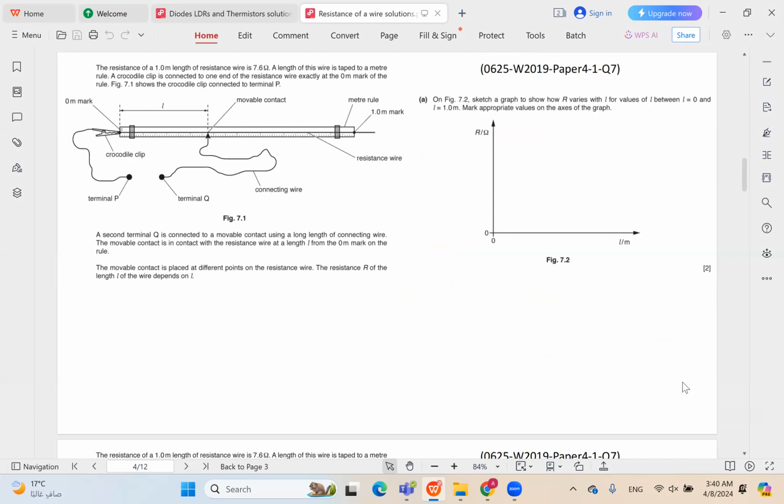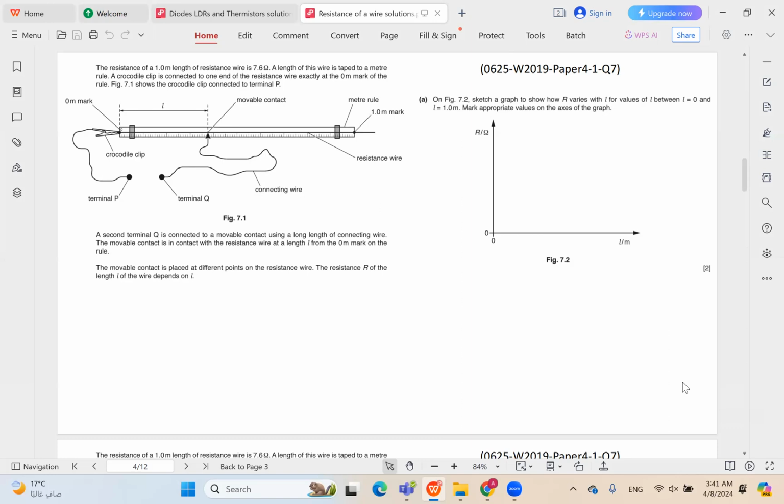The resistance of a 1 meter length of resistance wire is 7.6 ohms. A length of the wire is taped to a meter rule. A crocodile clip is connected to one end of the resistance wire exactly at the 0 meter mark of the rule. Figure 7.1 shows the crocodile clip connected to terminal P. A second terminal Q is connected to a movable contact using a long length of connecting wire.